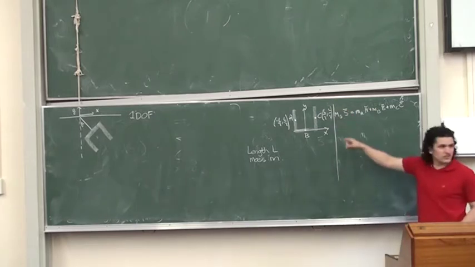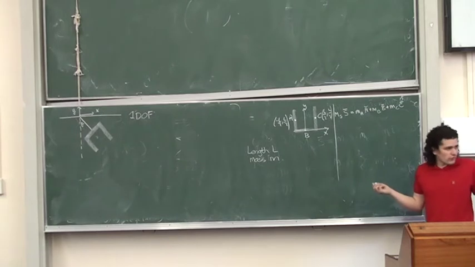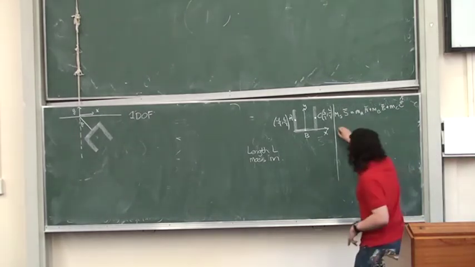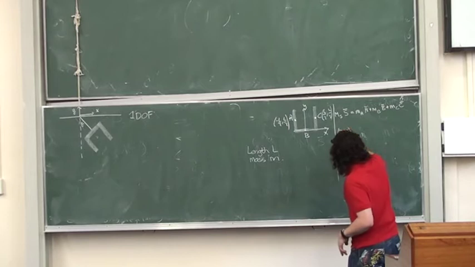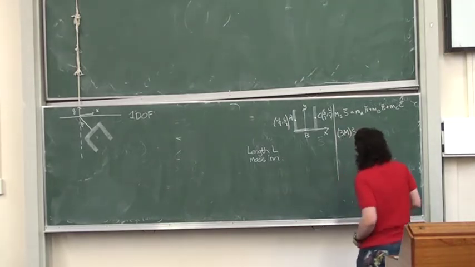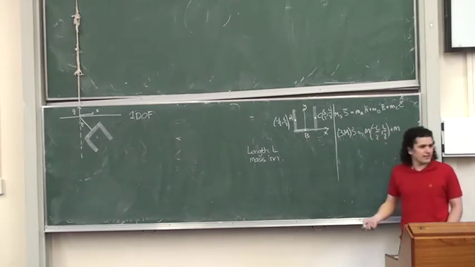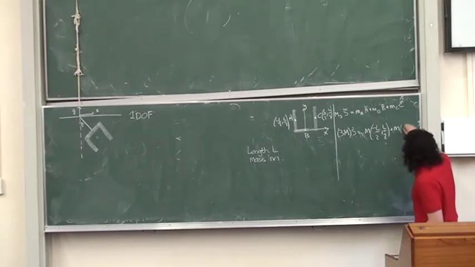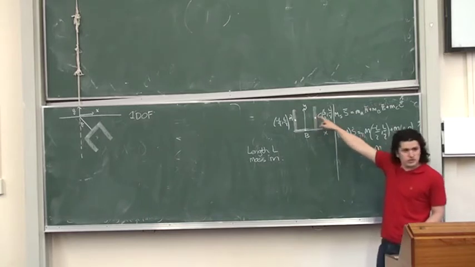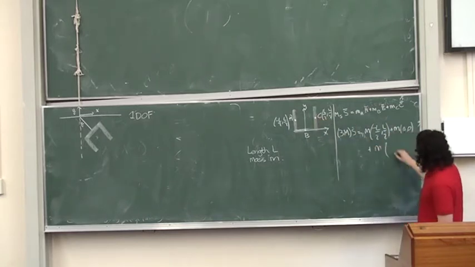The mass of the system is just 3 times the mass of one rod, since there are 3 rods in the system. 3m times S bar is equal to the mass of A, which is just m, times the A center of mass, minus L over 2, L over 2, plus the mass of B, m, times the B center of mass, which is at 0, 0 in our coordinate system, plus the mass of the third one, m, times the C center of mass, which is L over 2, L over 2.